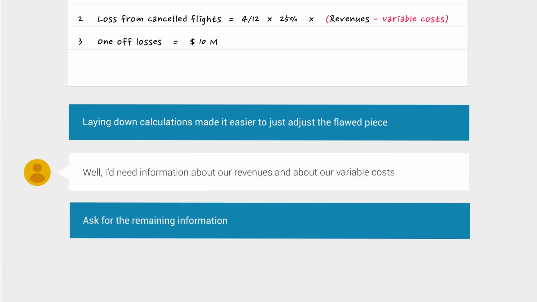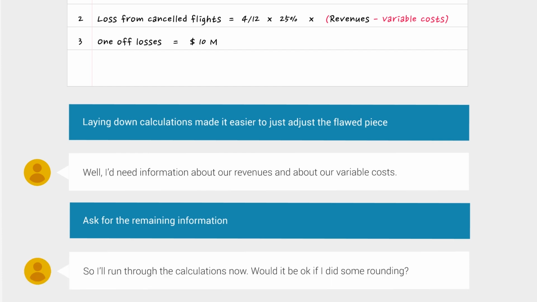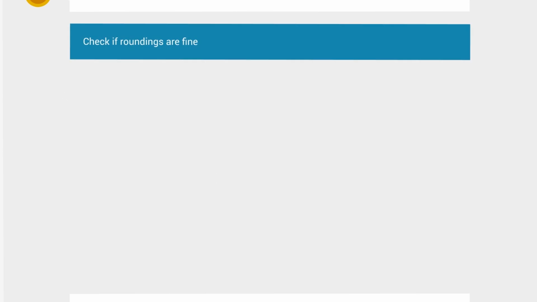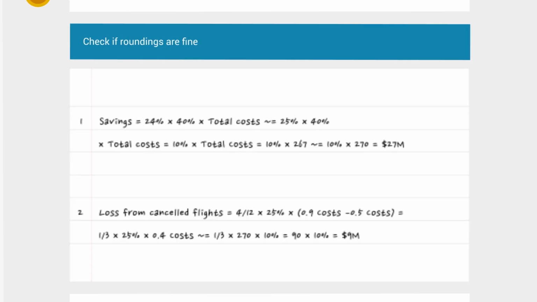Only after checking the calculations to be made does the candidate ask for the remaining pieces of information they do not yet have. The candidate checks that they are permitted to make some roundings, again saving on time. The calculations weren't particularly tough, but let's have a look at some of the simplifications the candidate used to make things as quick and error-free as possible.